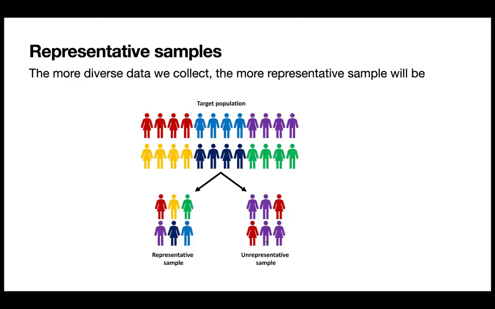We can see in this picture that if we got two people from the same group and two people from another group, that would be worse than if we got one human from every group. So is that clear about that?